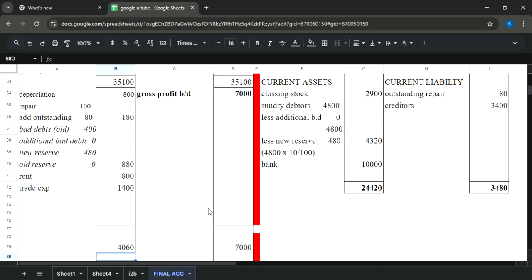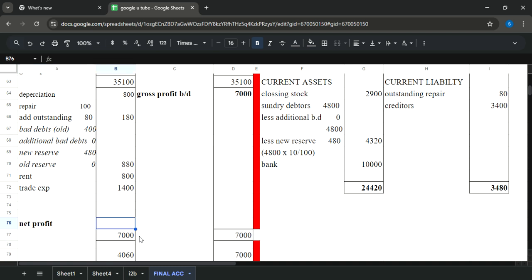So guys, in this way we have calculated the sum of both sides. Now you will choose the larger sum, which is 7,000, and you are going to write this sum on total of both sides, after which you will choose the smaller side, which is debit. Since income is more than expense, it would be considered as your profit.